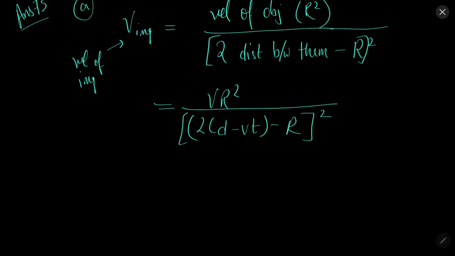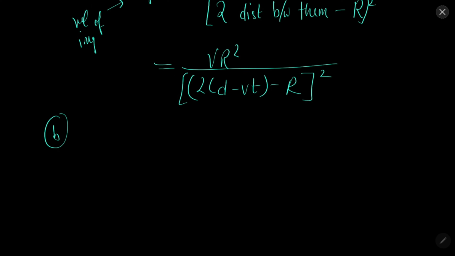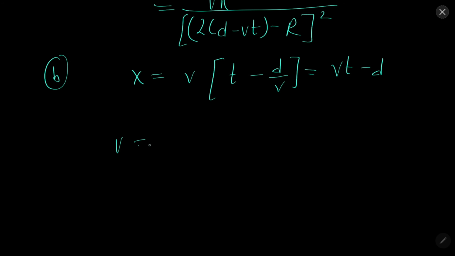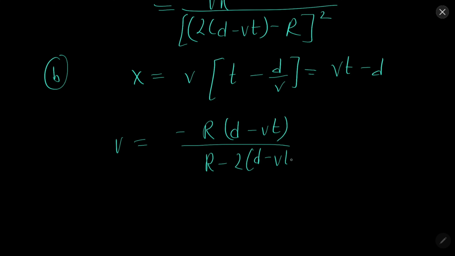B part. So in this situation x will be vt minus d. So v will come out to be minus r(d minus vt) over r minus 2d minus vt.